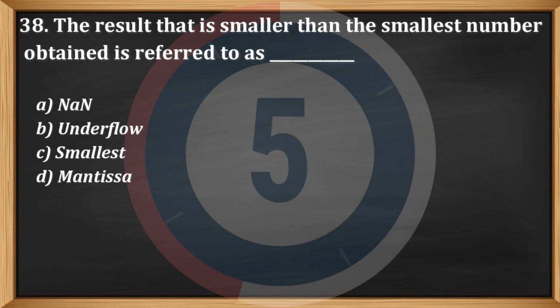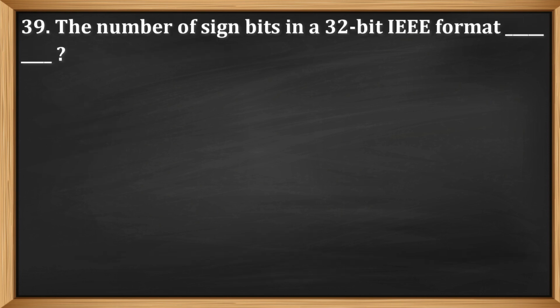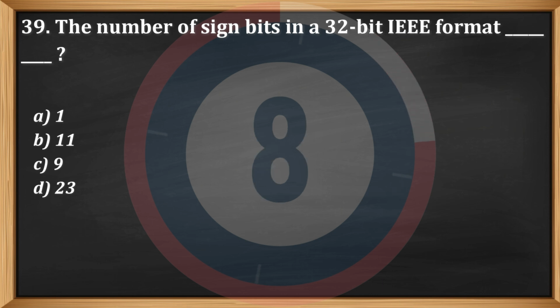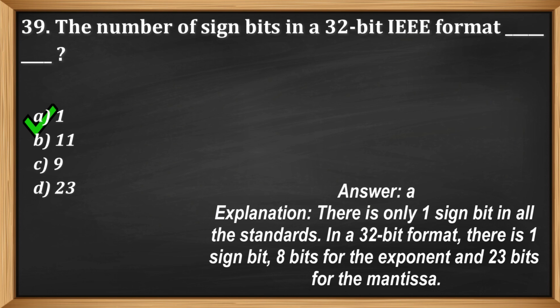The result that is smaller than the smallest number obtained is referred to as option A, NaN. The number of sign bits in a 32-bit IEEE format, option A, 1.